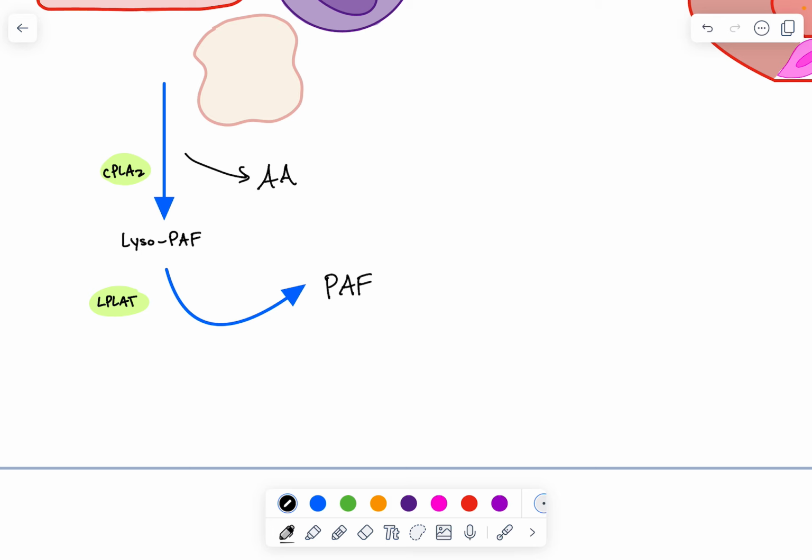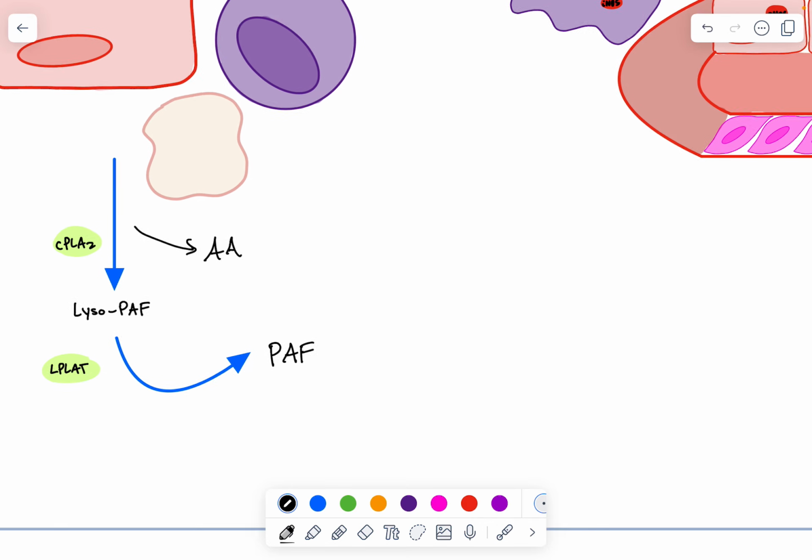And as the name implies, this can activate platelets. It enhances platelet aggregation as well as activating leukocytes and contributing to the synthesis of reactive oxygen species.